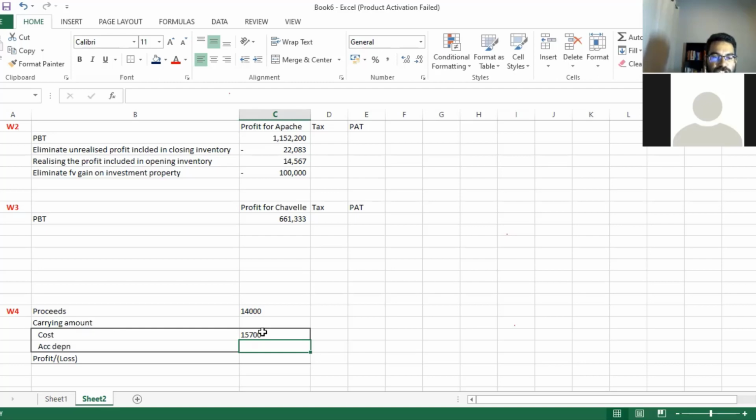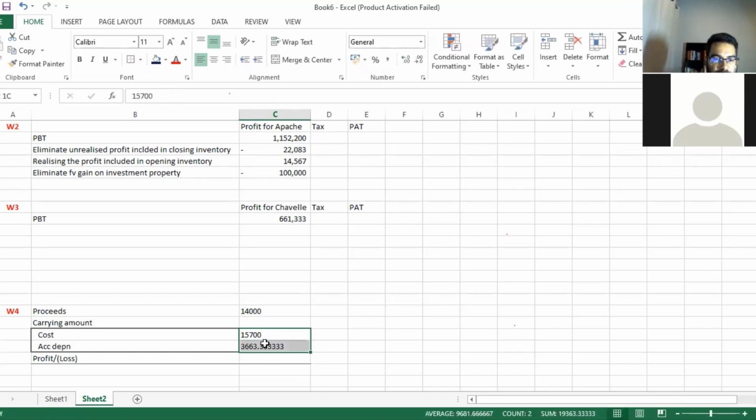So the depreciation from the date we bought it up until the date we sold it is 15,700 multiplied by 14 months out of the total useful life of 60 months. How did I get 60 months? 12 months times 5 years.